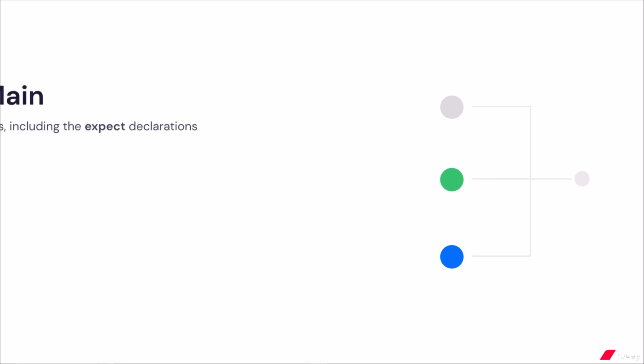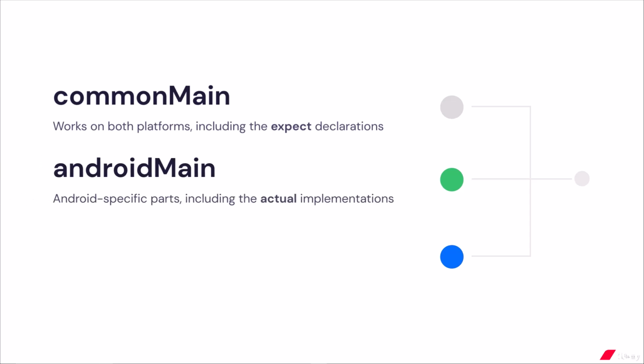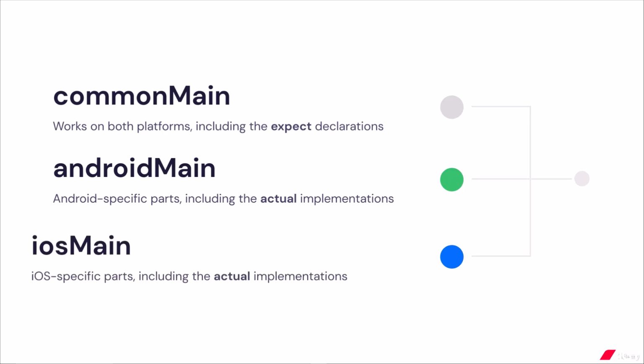The first one is commonMain, which stores the code that works on both platforms, including the expect declarations. Then we have androidMain, which stores the Android-specific part, including the actual implementations. And we have iosMain that stores the iOS-specific part, including the actual implementations as well.